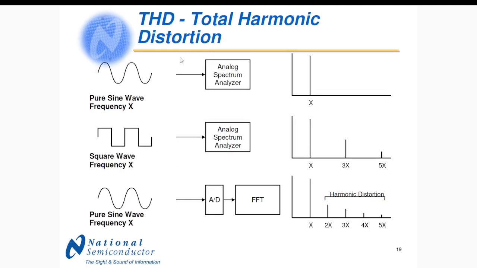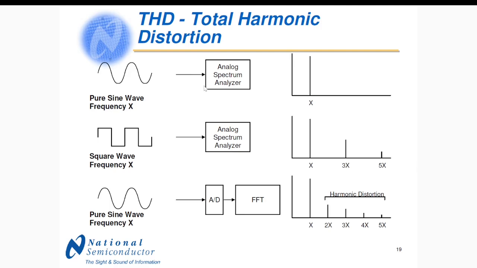So another very important concept is called THD. THD stands for total harmonic distortion. You see here, this is a simple harmonic sine wave signal, and if you see this on an analog spectrum analyzer, it's a kind of device, like an oscilloscope. You can Google it and you will see the picture of it.